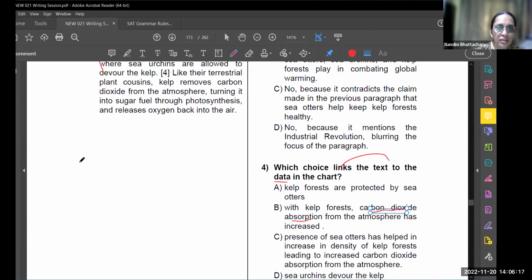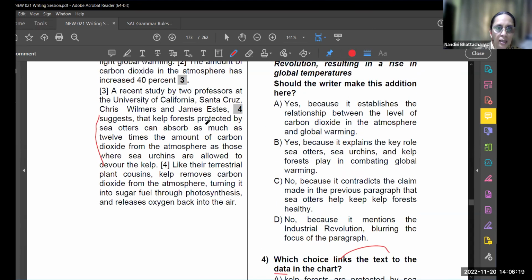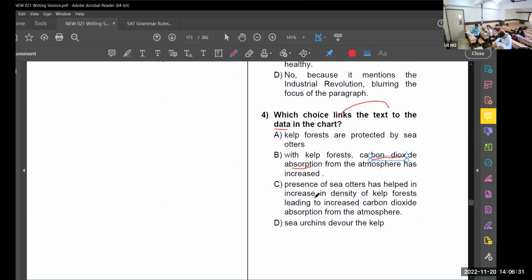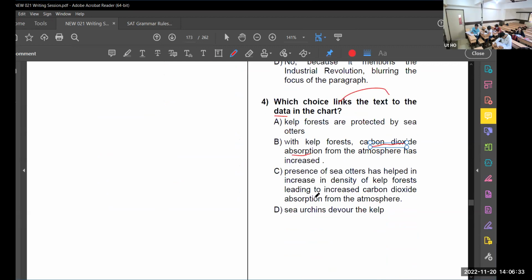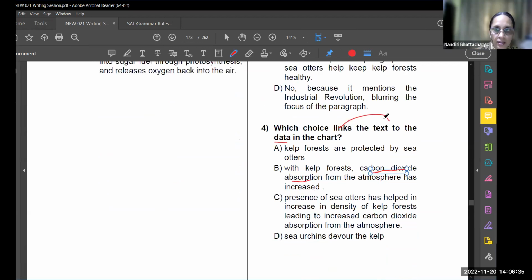This particular sentence has carbon dioxide in it that has gone up, and the forests are protected by sea otters. So something that should be able to link the text to the graph.